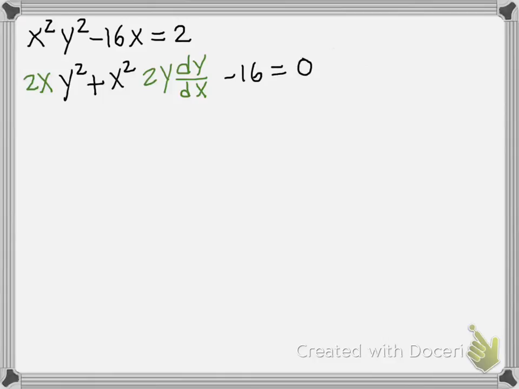is 0. Now we need to solve for dy over dx, so we push all the non-dy over dx terms to the right hand side. So we will get 16 minus 2x y squared. Then we divide both sides by 2x squared y.